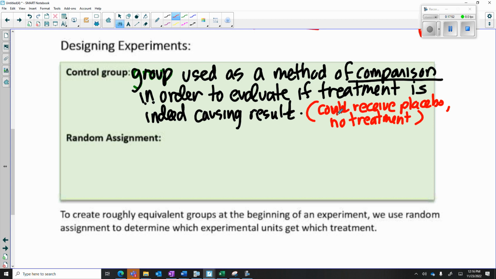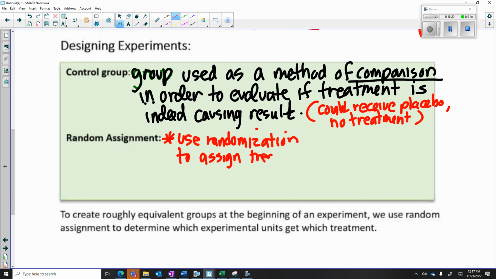So very important that we use random assignment in order to assign the treatment. So we're going to use the same kind of randomization that we use in the SRS to decide which groups are getting the treatments, to create the treatment groups. So we have to make sure we use some kind of randomization, and the randomization could be a random number generator, a table of random digits, a coin flip, to assign the treatments.